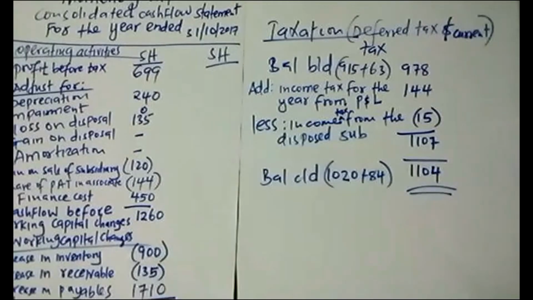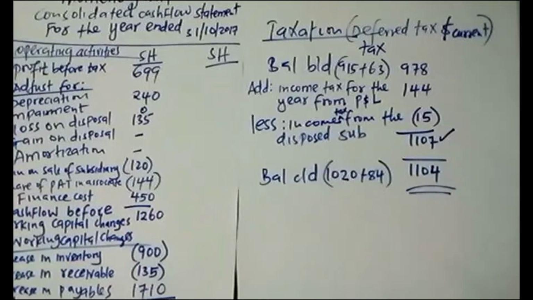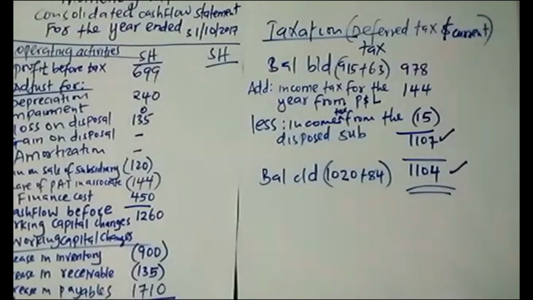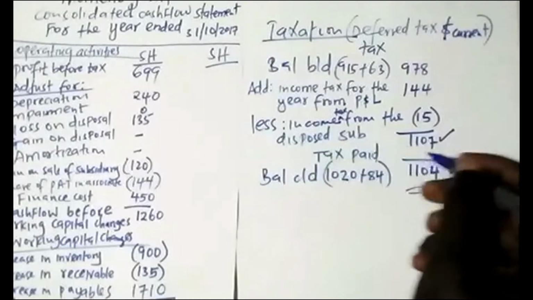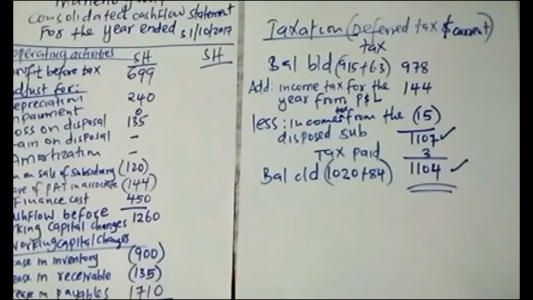So remember that after making adjustment, our tax was 1107. But by the end, it was supposed to be 1104. Which means that, because it reduced, they paid a tax of 3, the difference.